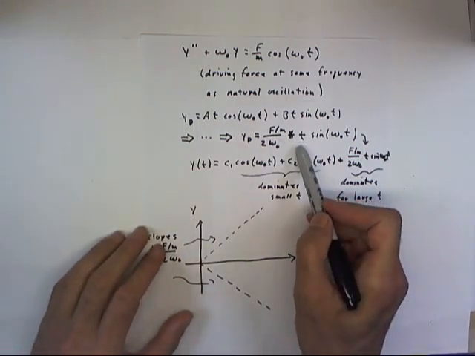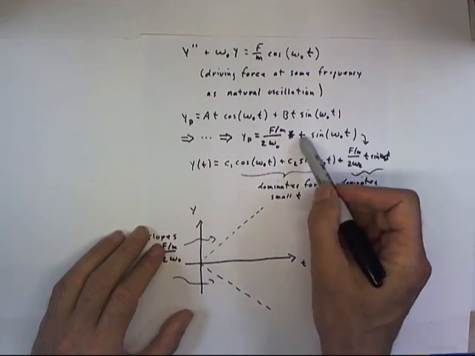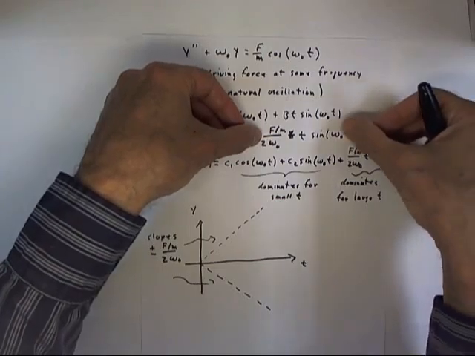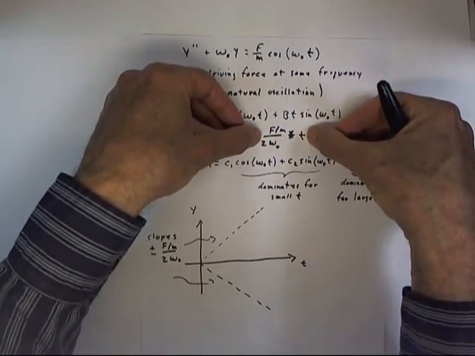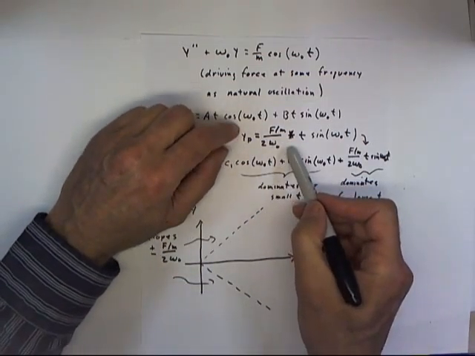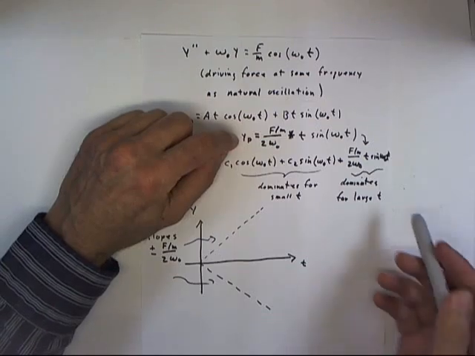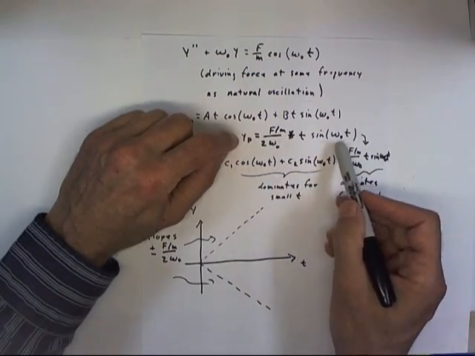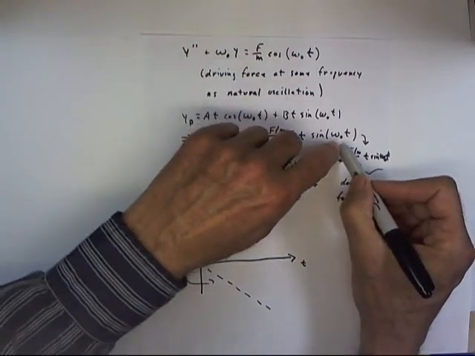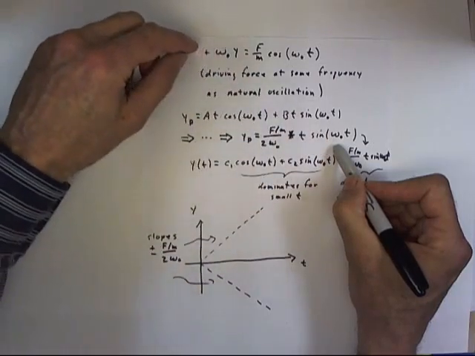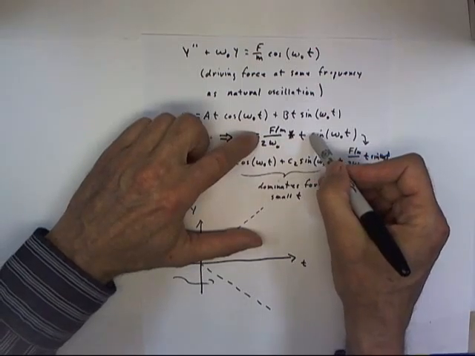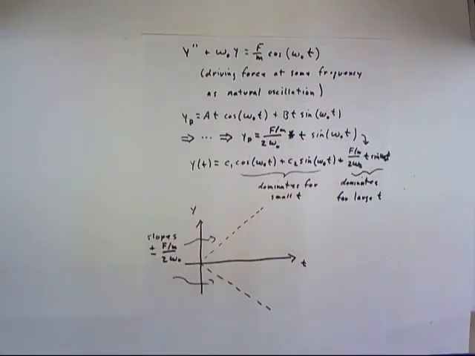But as t gets large, the coefficient of our sine of omega naught t is going to become increasingly large, so that this particular solution is going to represent an oscillation with angular frequency omega naught, equal to that of the natural frequency of the system, and of unlimited increasing magnitude.